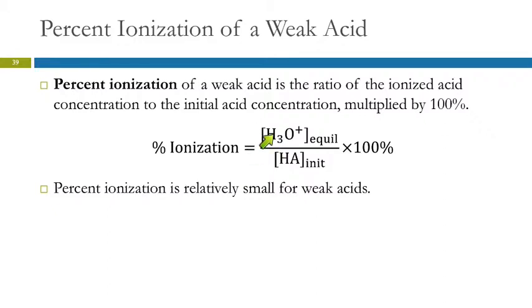So we can use the hydronium ion concentration at equilibrium as an indication of what the ionization is, and we'll divide by the initial concentration of the acid times 100. For weak acids, this percent ionization is going to be pretty small because they only ionize a little bit. It's not going to be like 75%. It's going to be like 5%.